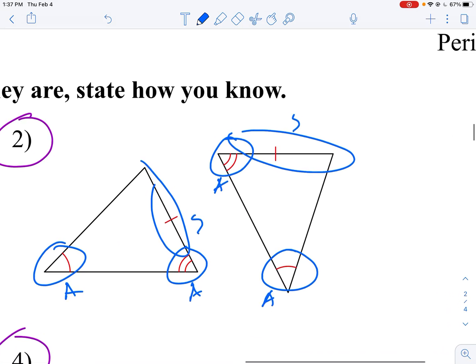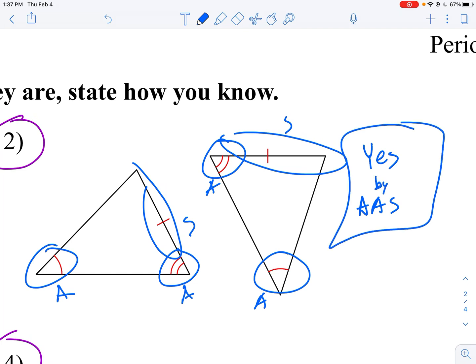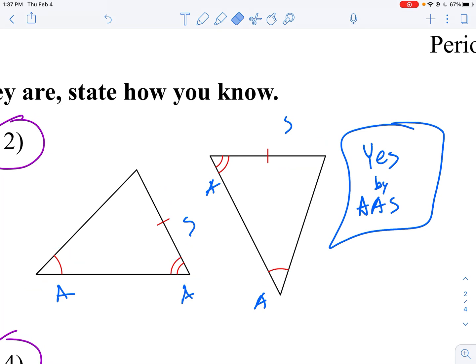And so we do have 3 pairs of things that match up, and they form angle, angle, side for both. And so this one's going to be yes, they are congruent by angle, angle, side. We got 2 pairs of angles matching, and then a side not between those angles matching. So there you go. Yes, they're congruent, guaranteed congruent by angle, angle, side.